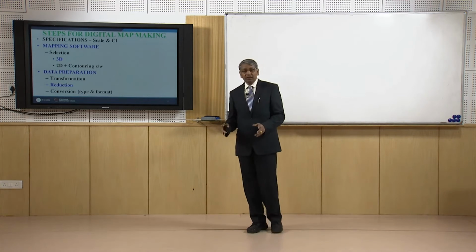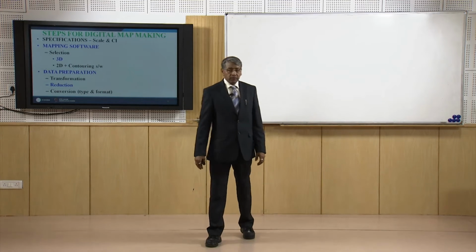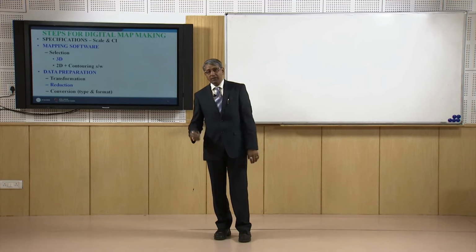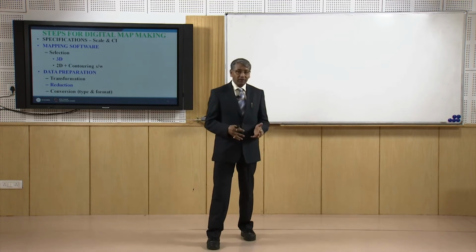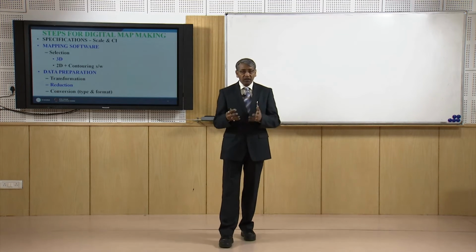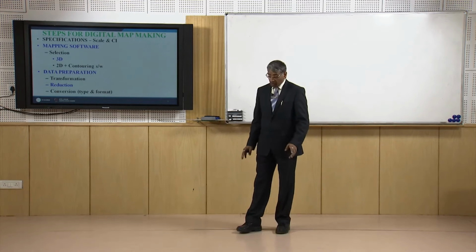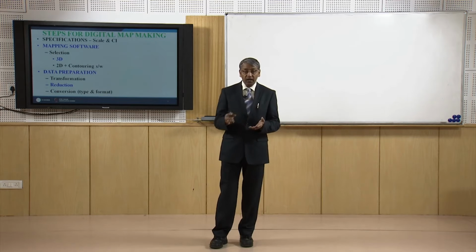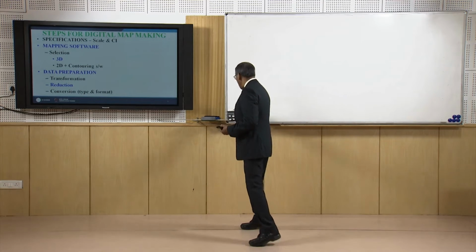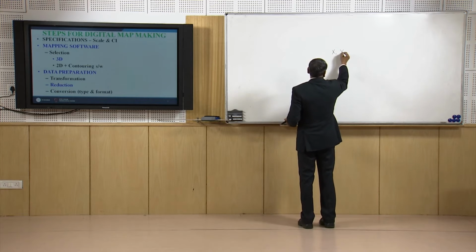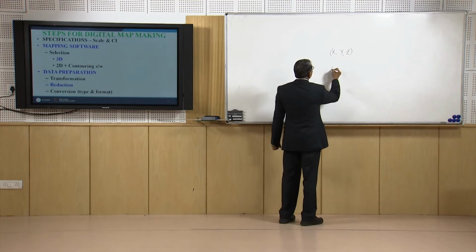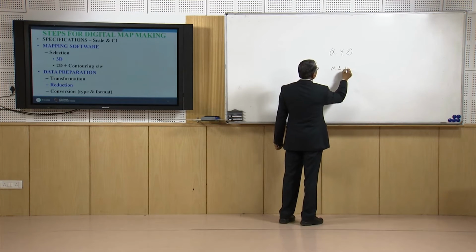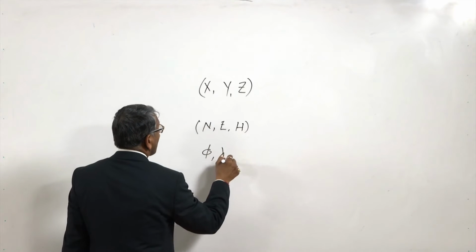Now once we select the type of software through which we are going to prepare the map, we should first find out what is the format of the data that the software supports. Not only the format but also in which way: some software may want data in XYZ format, someone may look for NEH, someone may go for lambda phi h.